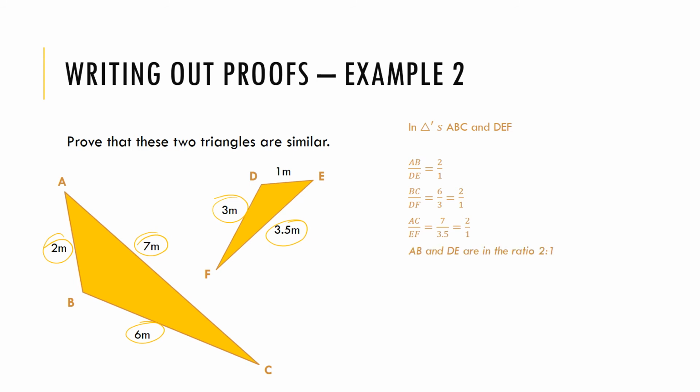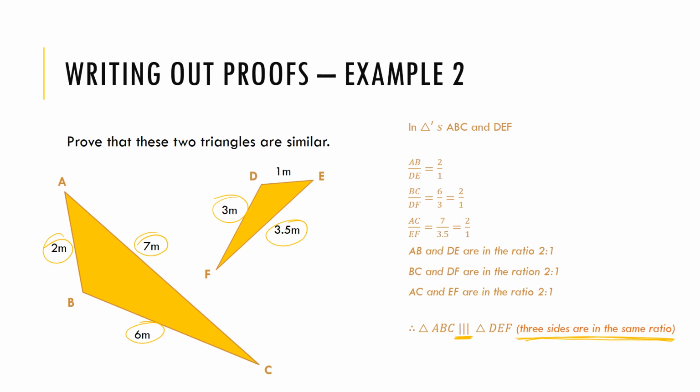It is a bit of a pain, but with similarity, there is a lot of writing in our proofs. And we need to actually write out that the 2 sides are in the ratio of, and then whatever the ratio is here. And they need to be in the ratio that is the same for similarity to be proven. So we get those 3, and then we can write, therefore, these 2 triangles are similar to each other. And this time the proof we're using is that there's 3 sides are in the same ratio.